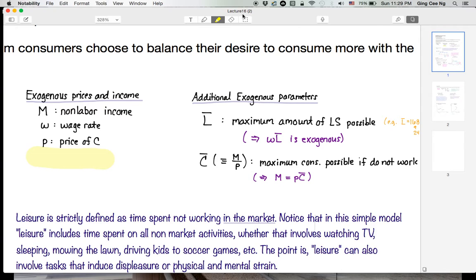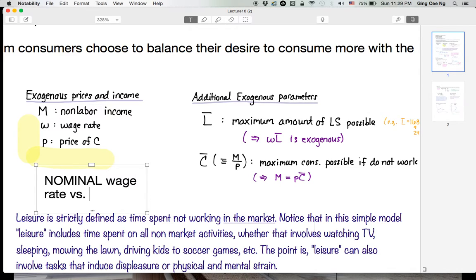And I'm stressing this because later on we're going to be able to make a distinction between W, your nominal wage rate, versus a real wage rate.